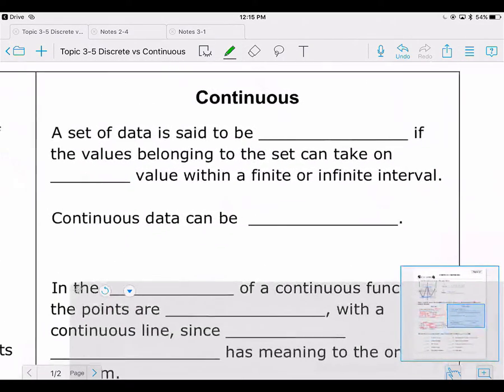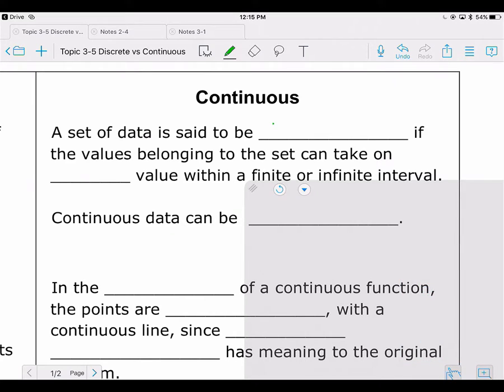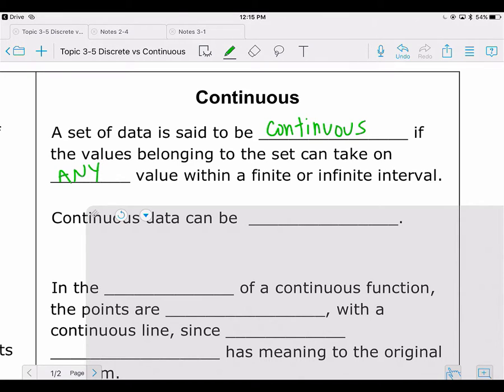So looking at continuous, a set of data is said to be continuous if the values belonging to the set can take on any value within a finite or infinite interval. So these are things that can have in between values.